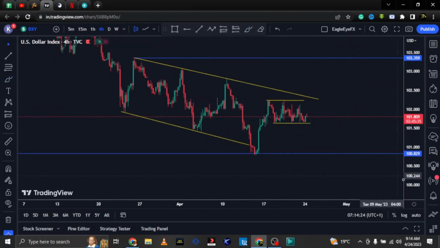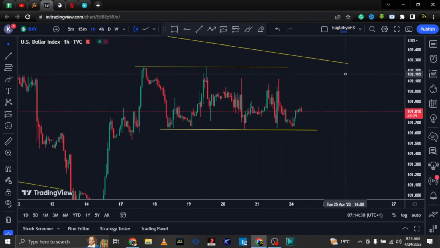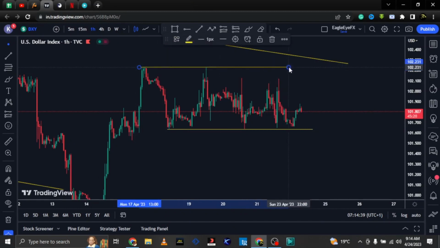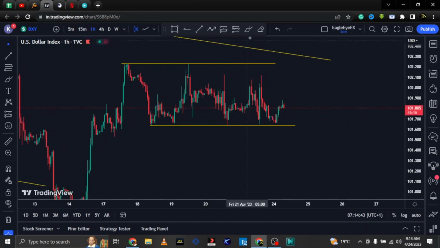But what I will do as of now is, because you can see that we are still inside this structure, if I go to the 1-hour time frame, you can see that we are inside this structure. We've not broken out of this structure, and I've not seen any structure to tell me that this market is going to go to the downside.